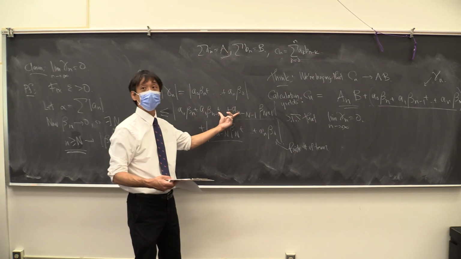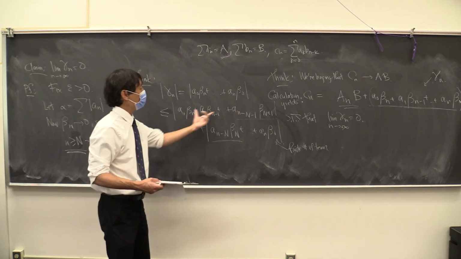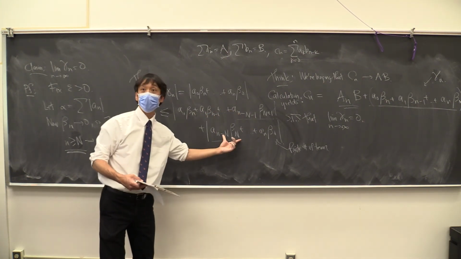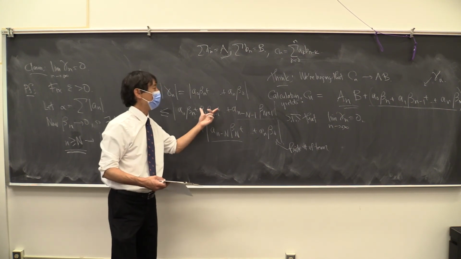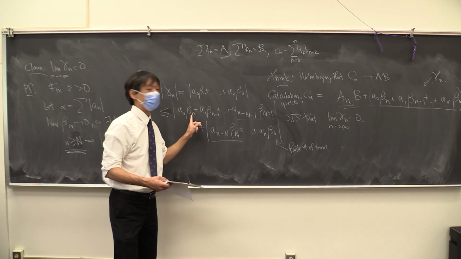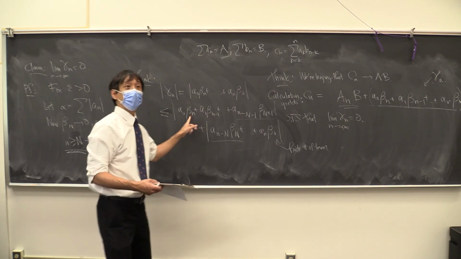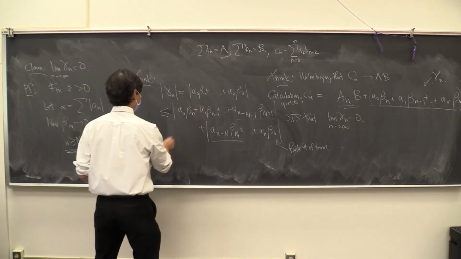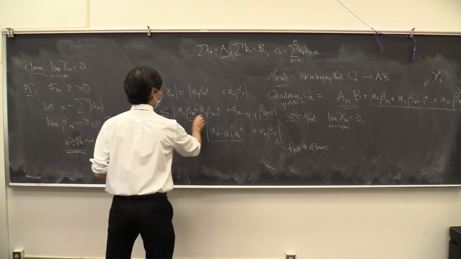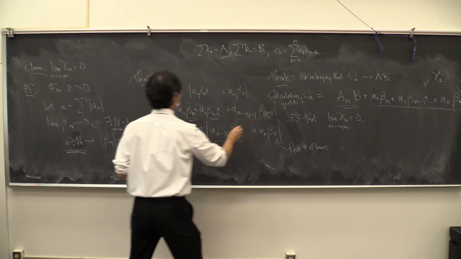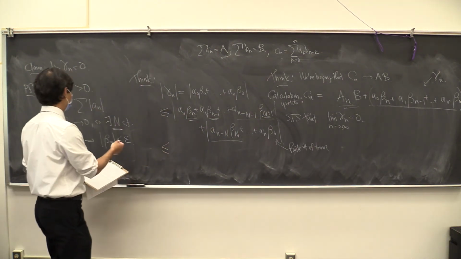As n gets big, this part will have more terms, but this part won't. It's just a finite number of terms. And the good thing is that the betas are small. All of these betas in absolute value are small.